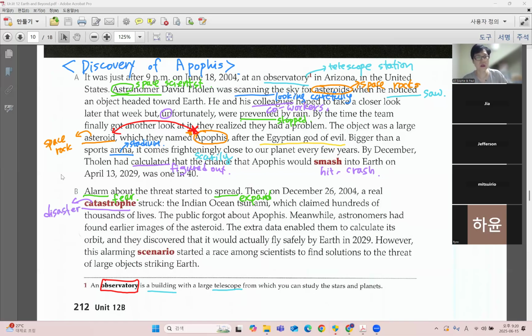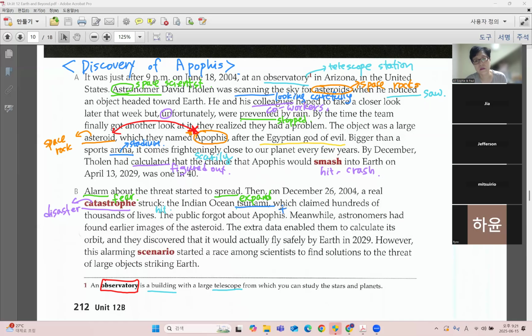Struck. What is struck here? Struck is hit. The Indian Ocean tsunami. You know the tsunami? What is a tsunami? How can you explain the tsunami?